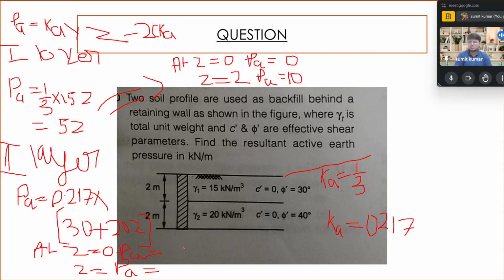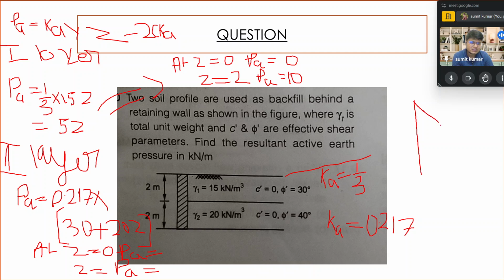So at Z equal to 0 over here, 30 into 0.217. Give me a second, I will calculate 30 into 0.217, that is 6.51. So we will draw the diagram as well.